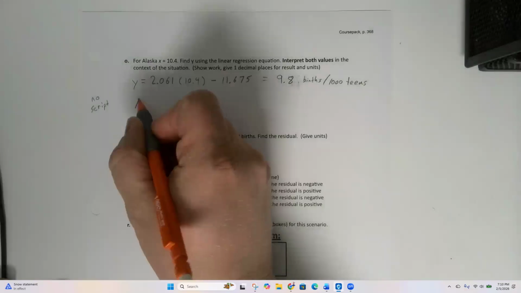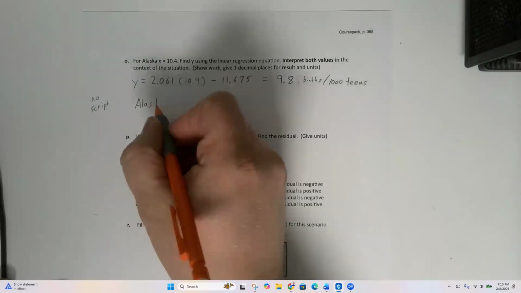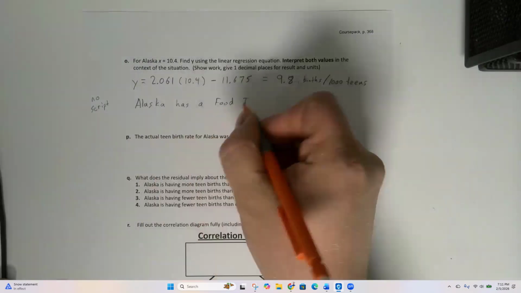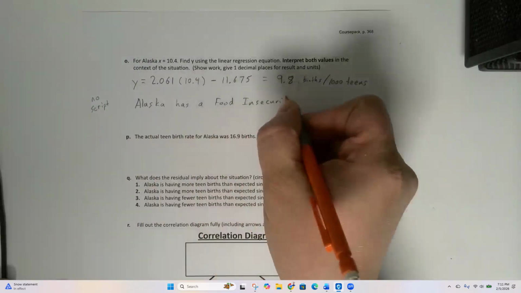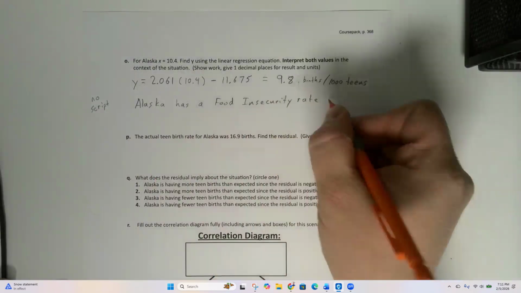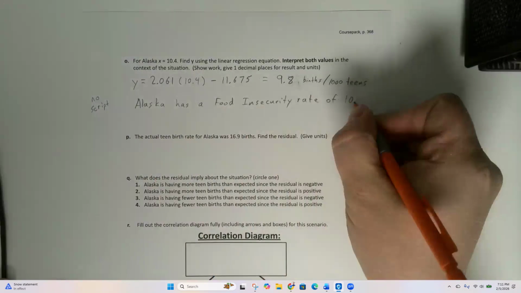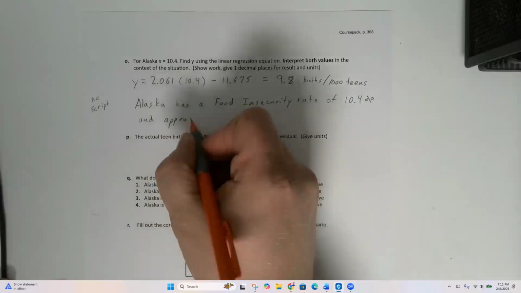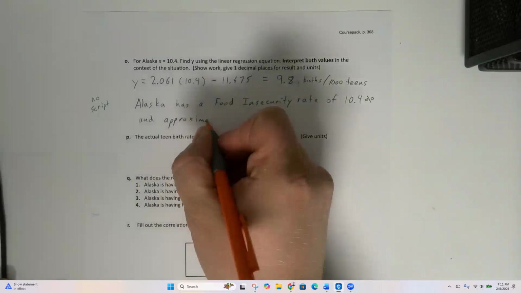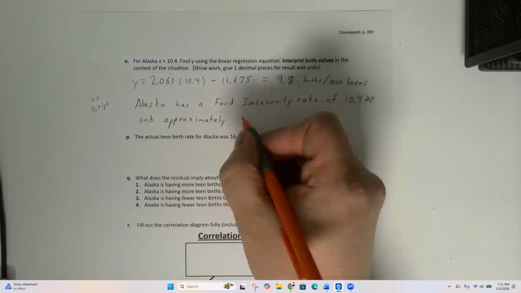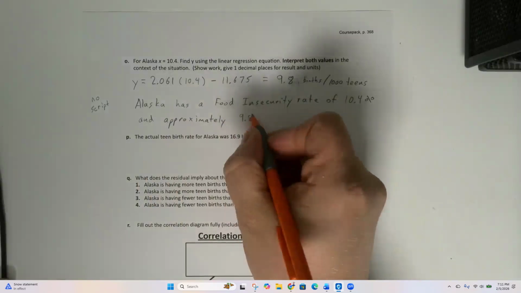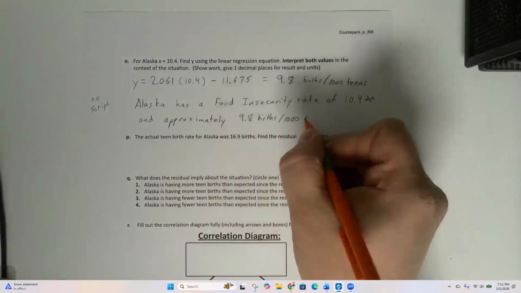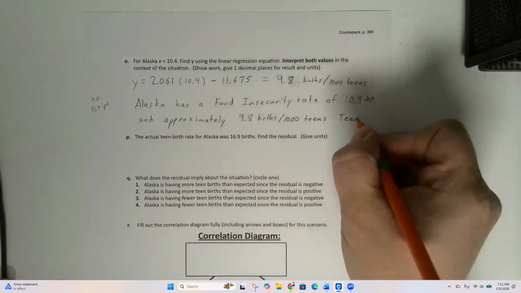You say Alaska has a food insecurity rate of 10.4% and approximately, or about, if you want, 9.8 births per thousand teens, teen birth rate.